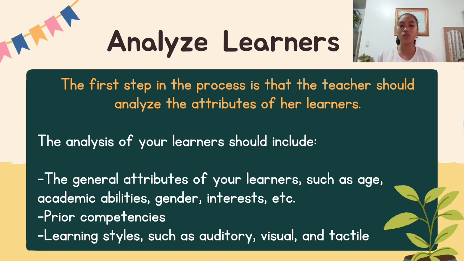Secondly, we assess what students already know and can do. Thirdly, we identify how our students learn best, whether they are visual, auditory, or hands-on learners. Understanding these aspects helps teachers, of course, create more effective and personalized lessons.